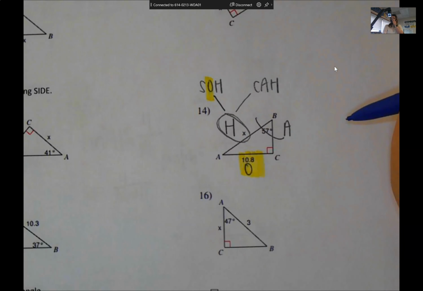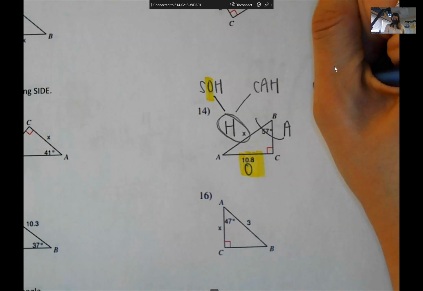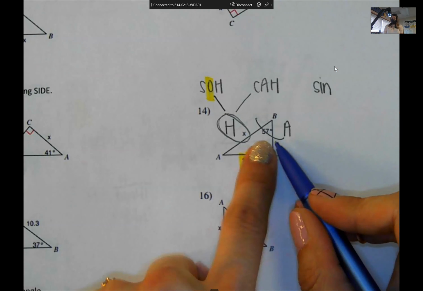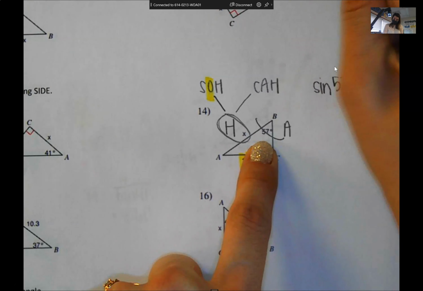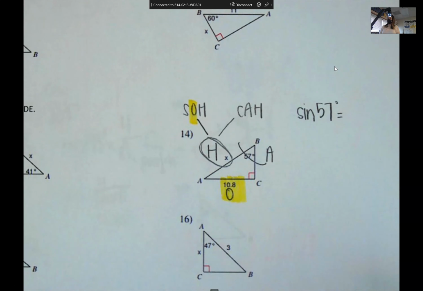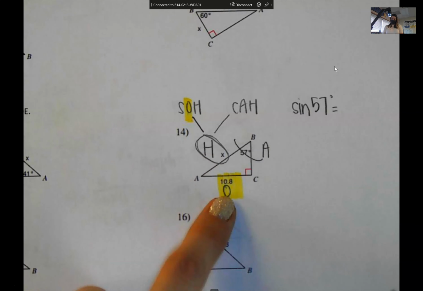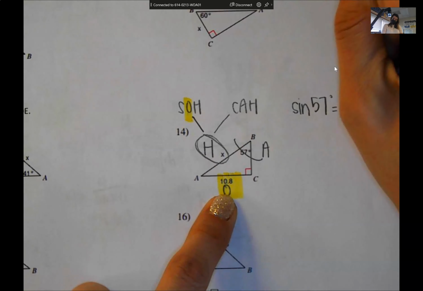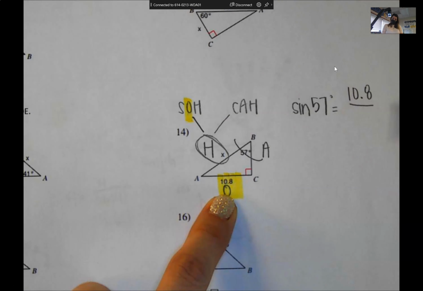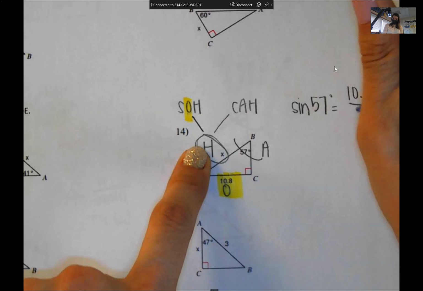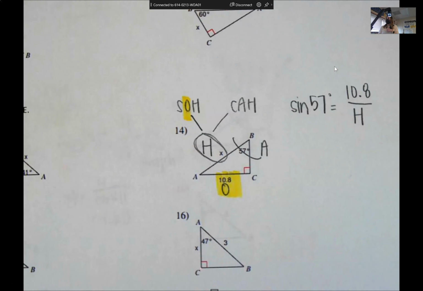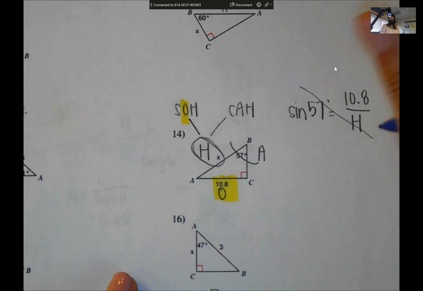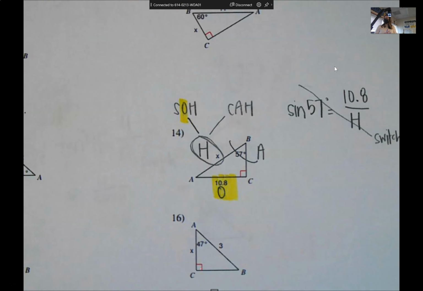So just like the last one, I'm going to set it up sine with my angle measure of 57. The sine of the angle that's 57 degrees is the opposite, 10.8, over the hypotenuse. That's what we're looking for. And then just like in the last problem, in order to solve this, you just switch what's on the left with the denominator of the fraction.